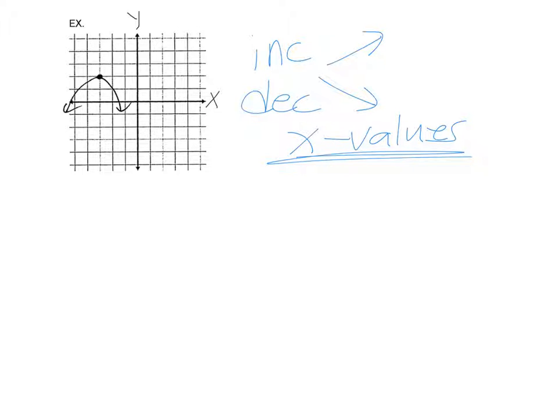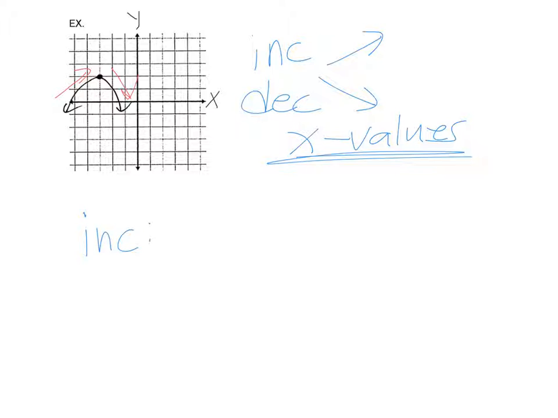So let's look at this little graph of the parabola. And you can see first, as you move from left to right, it's going uphill, so it's increasing. And then after the top of the hill, it goes down again. So from what x values is it increasing and what x values is it decreasing?